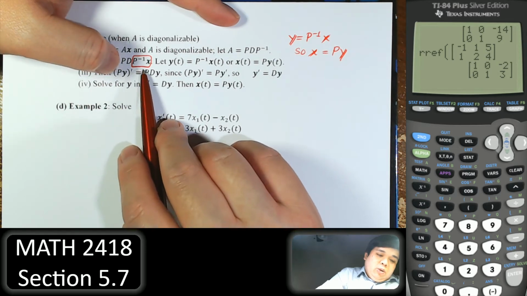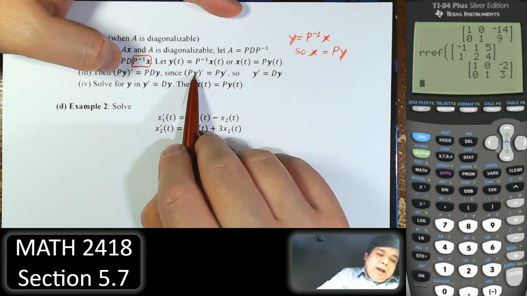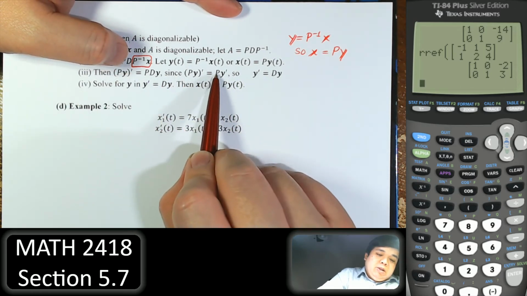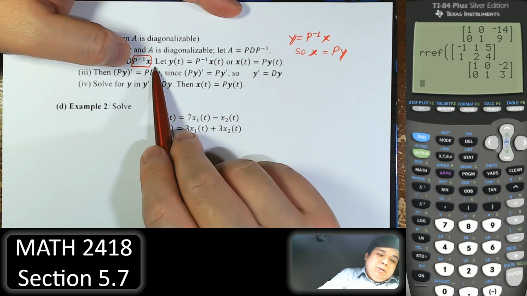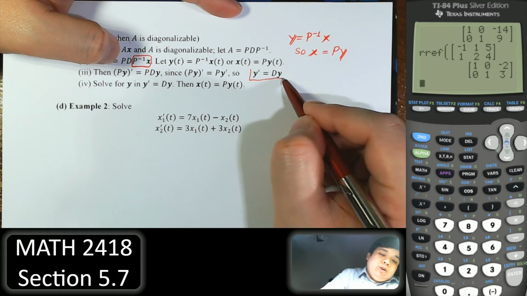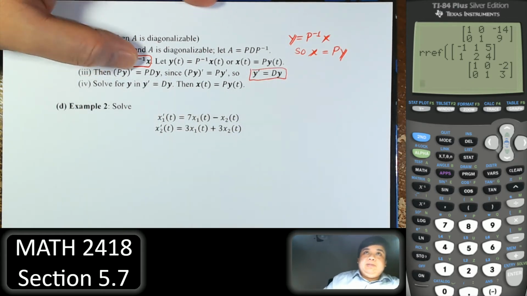And then plug into the equation and turn into PY' equal to APY, and the derivative just becomes PY', and so we have P and P inverse on both sides, multiplied by inverse on both sides, that cancel out, and we solve for Y first, and then at the end we just multiply by P.